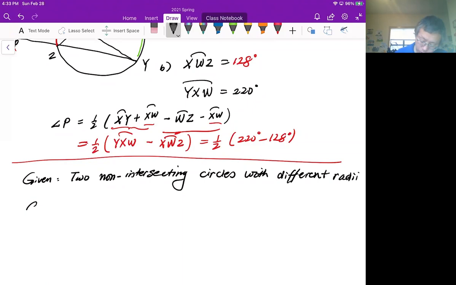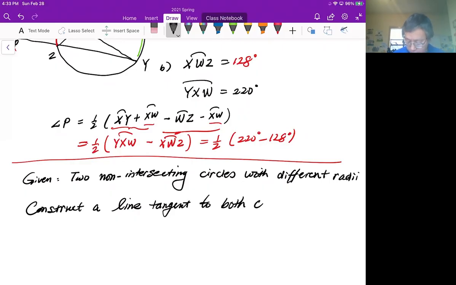Then I'm going to construct a line, a line tangent to both circles.